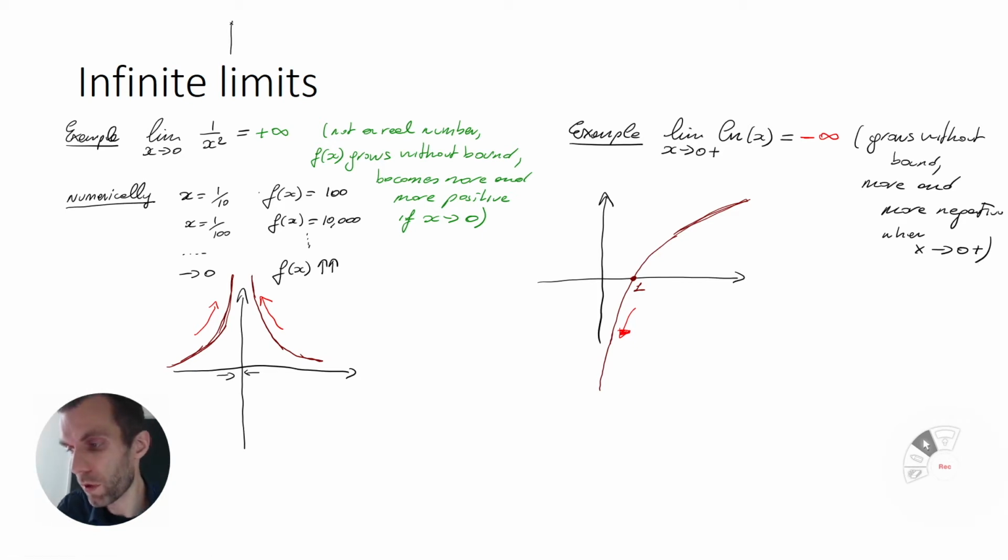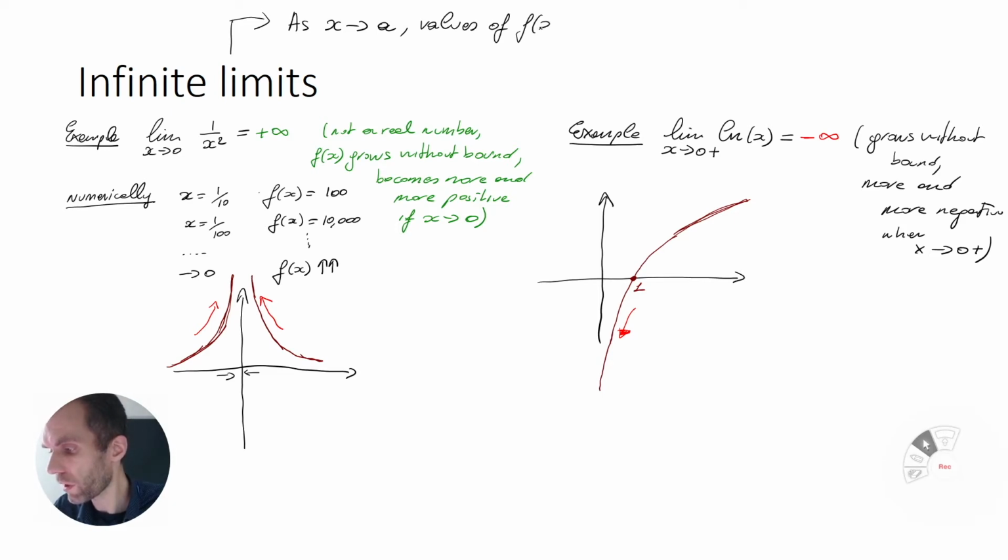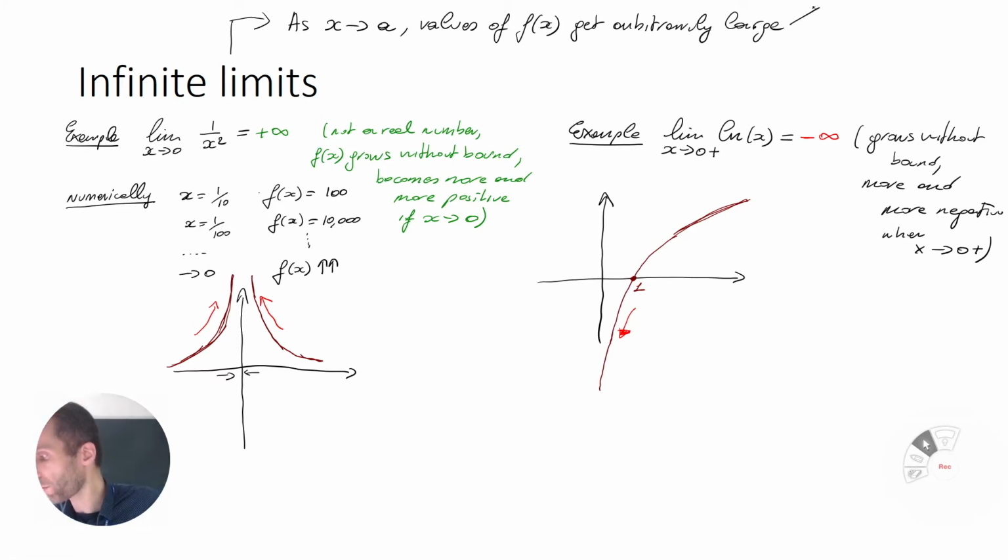And so we can summarize that by saying infinite limits are basically what you get if, as x goes to a certain value a, the values of f of x get arbitrarily large, and here they can become arbitrarily large positively or negatively.